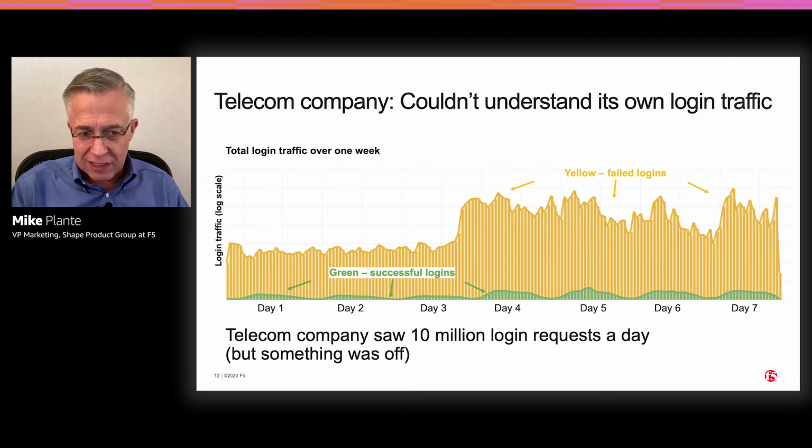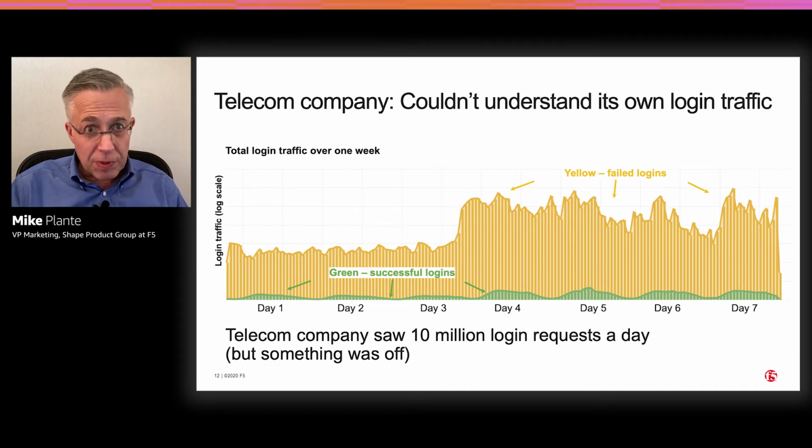Basically, each vertical line is an hour of time on this particular telco's website. And in that one hour of time, the green little bumps you see at the bottom were how many people successfully logged in. The yellow was how many people tried to log in but were unsuccessful, failed logins.